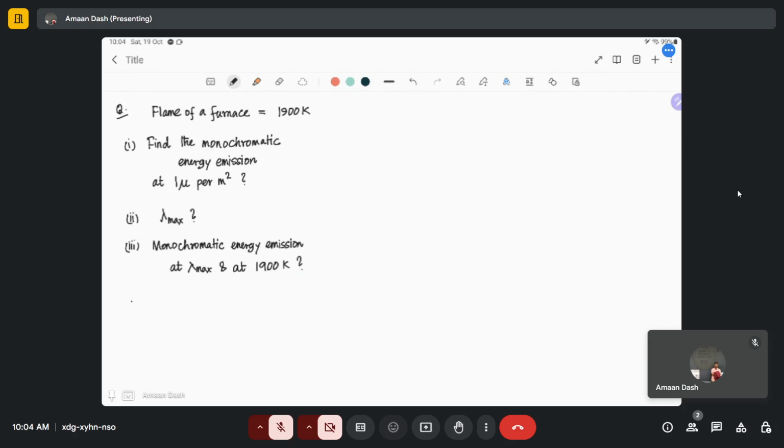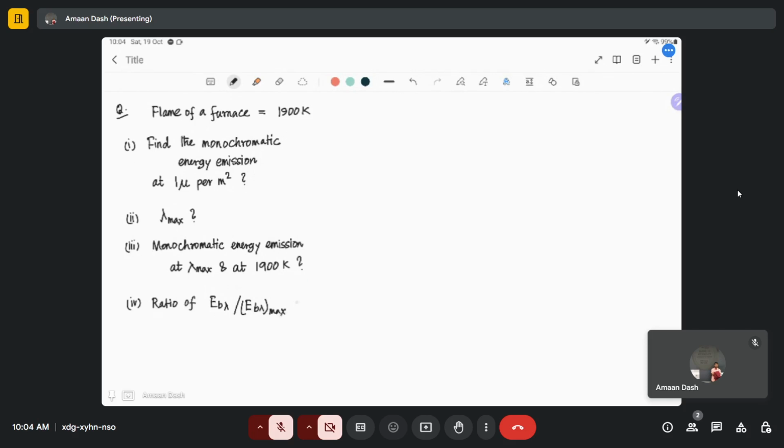Then you have to calculate the ratio of E_b lambda by E_b lambda max.